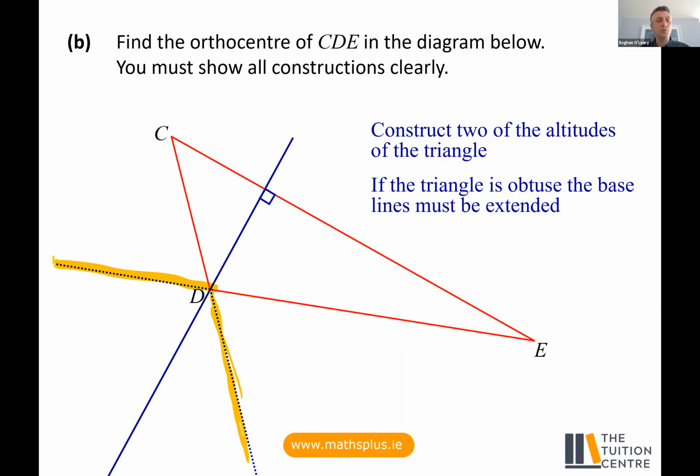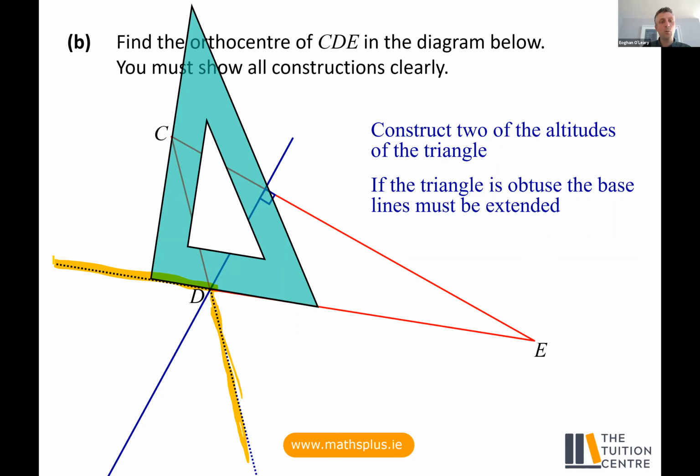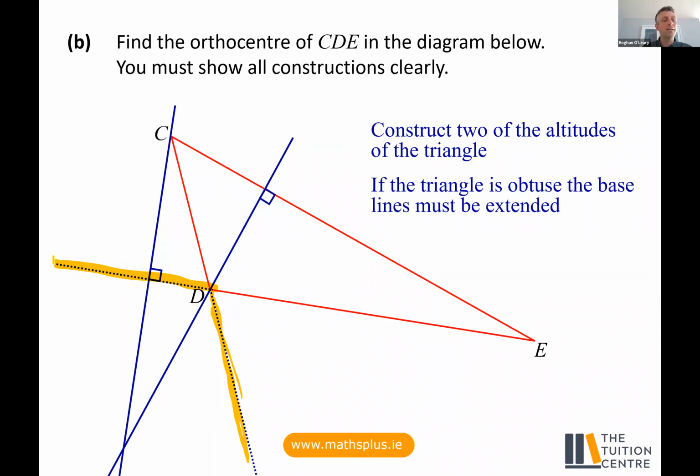And that helps us to construct our next altitude, because I go through the vertex C and down to the opposite side, hitting it at 90 degrees. And it just so happens that in this case, that's going to be outside of the actual triangle itself. I'm going down hitting it at 90 degrees here, that side DE. But as we can see, it's outside of the triangle.